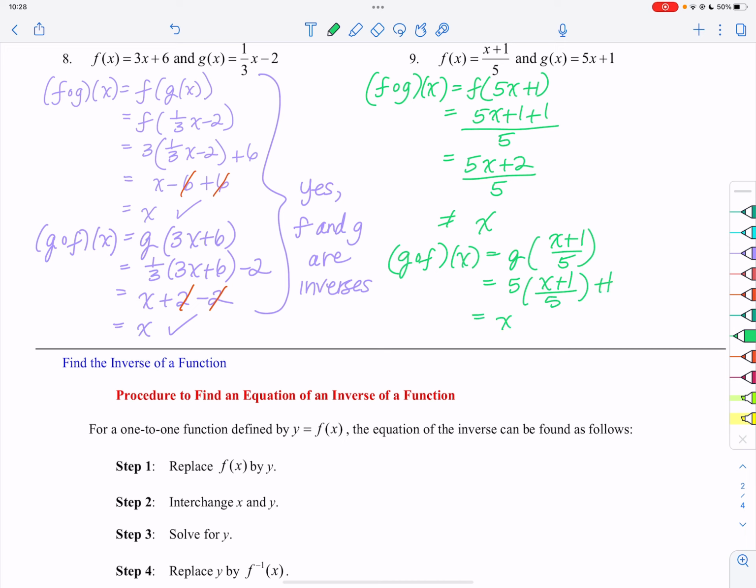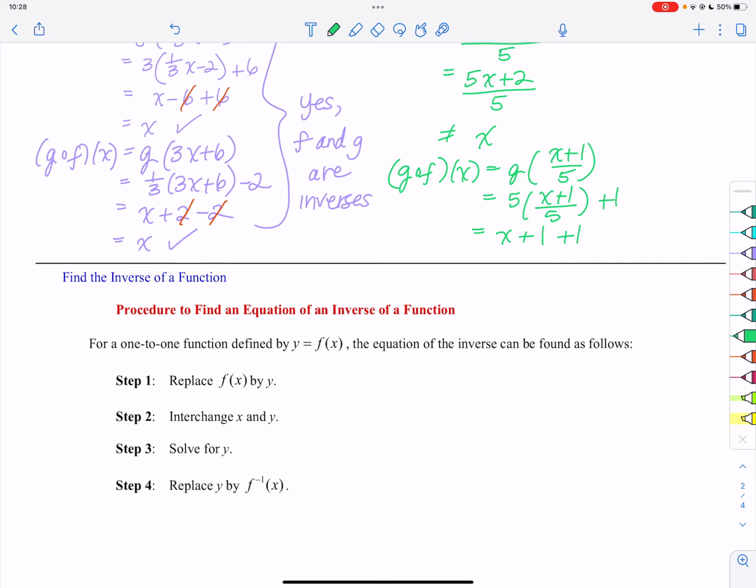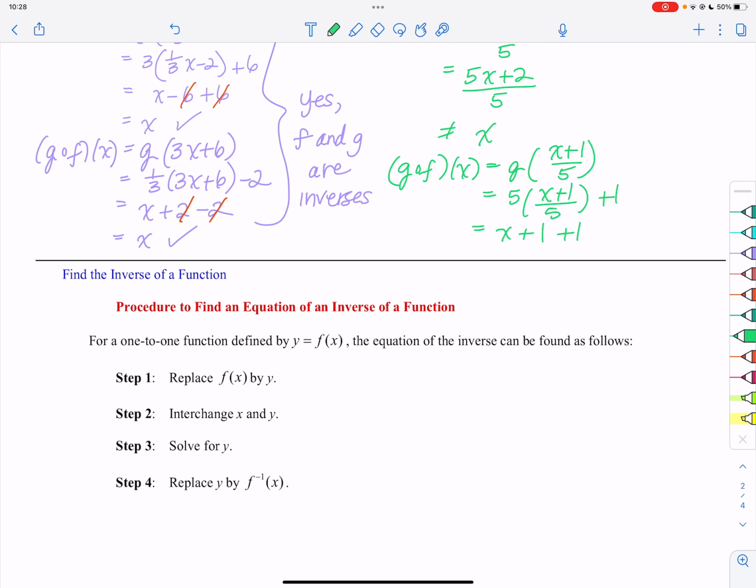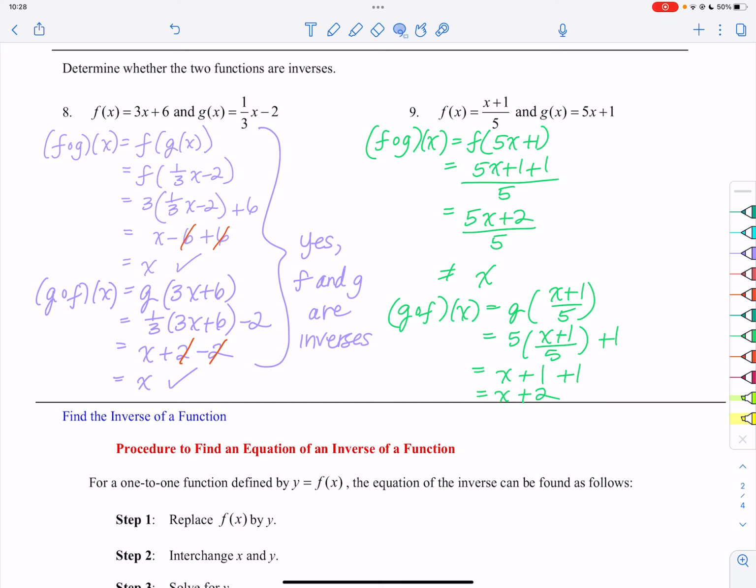And that's x plus 1 plus 1, and that's equal to x plus 2, and that's definitely not equal to x.